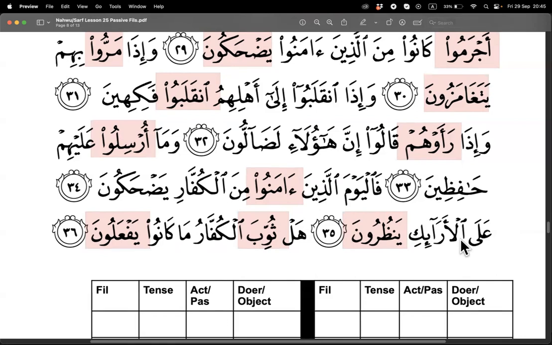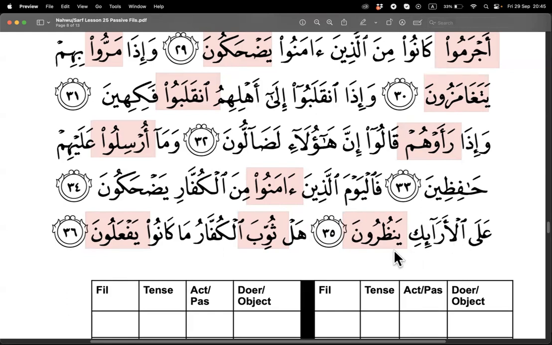So that is the reason this is not a mudaf, because it has al. So this must be one word. You are not wrong, just that we can be sure in this case because we have al, this cannot be a mudaf. Okay, sis. Alright, sis.